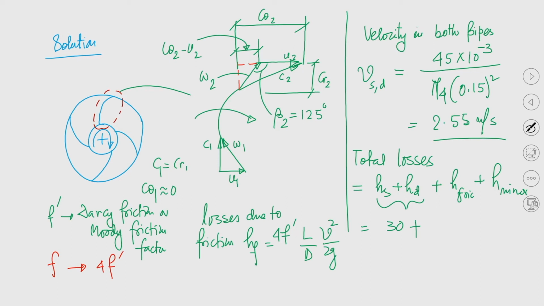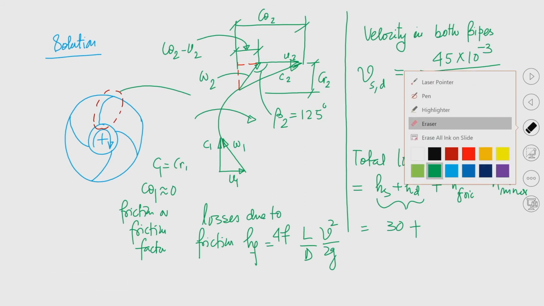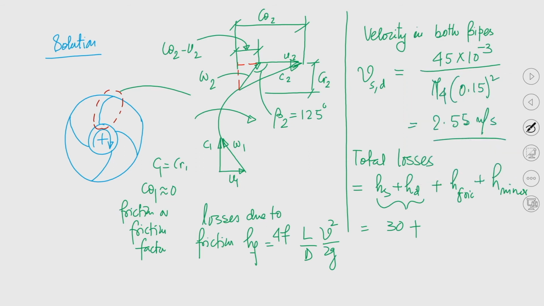So, again I am doing this, let us do this very accurately, otherwise it will be confusing. So, Darcy friction factor, say this is F, and F prime is the fanning friction coefficient.